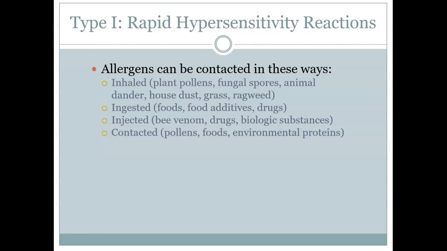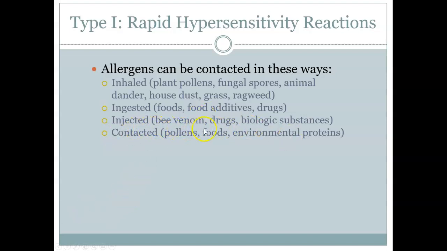Actually, I remember working with a child who had an allergy to the red food dye that they put in different drinks like Kool-Aid and Hi-C drinks. This red additive would actually cause her to have a rapid hypersensitivity reaction. And then, of course, injected things like bee venom.